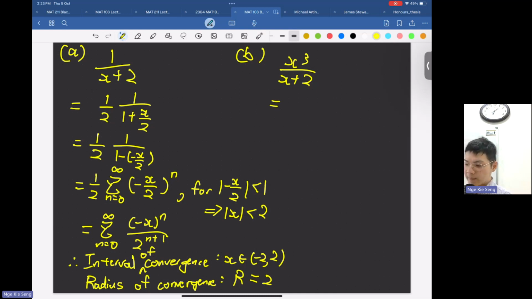How about x cubed over x plus 2? There's no longer a 1 on the numerator, so we just pull the x cubed outside. We already know 1 over x plus 2 from part A, so we just take x cubed and multiply it by what we got before.